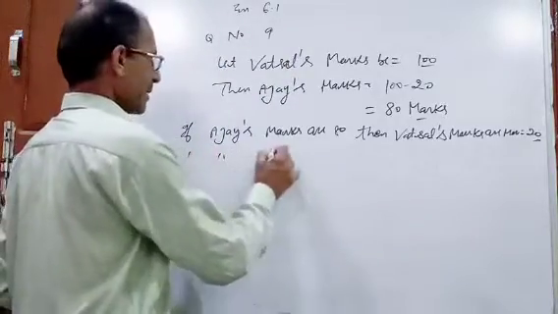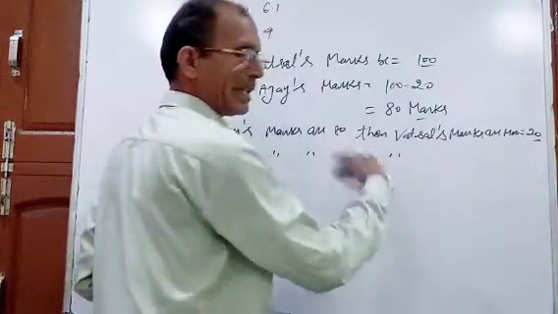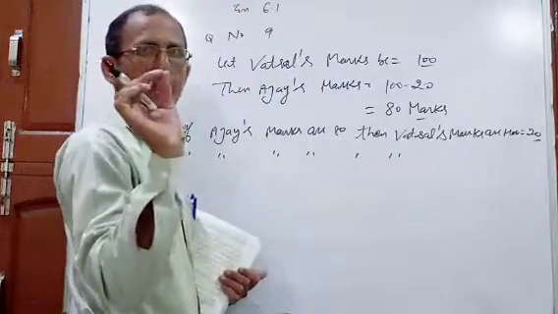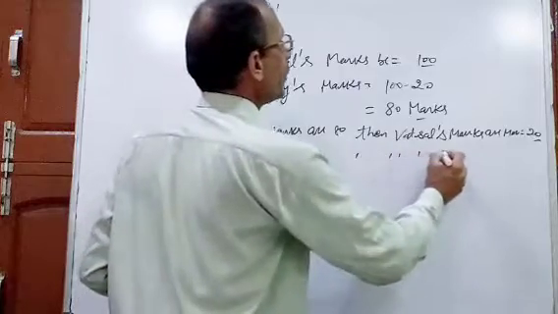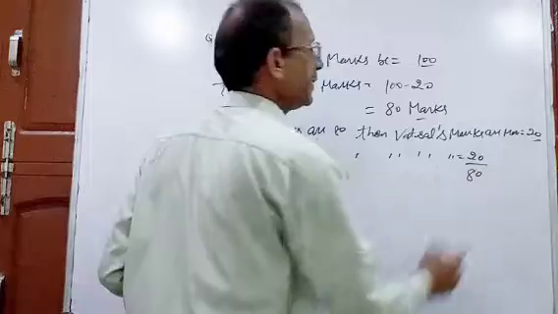If Ajay's marks is 1, then, unitary method means first we will find the value of 1, so Vatsal's marks will be 20 by 80.